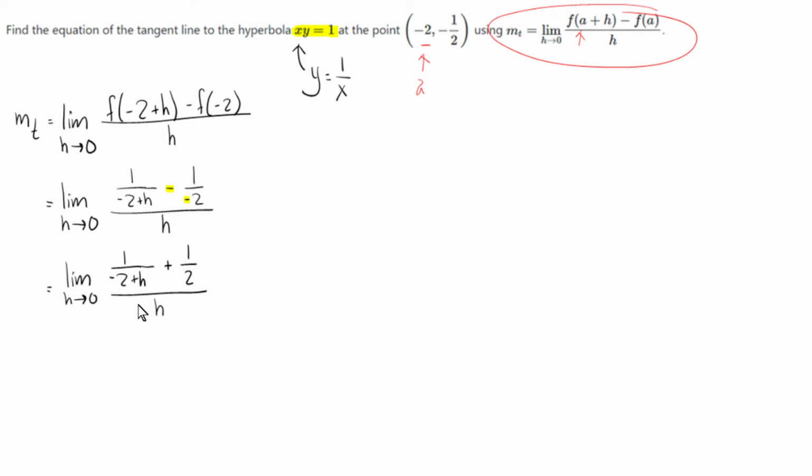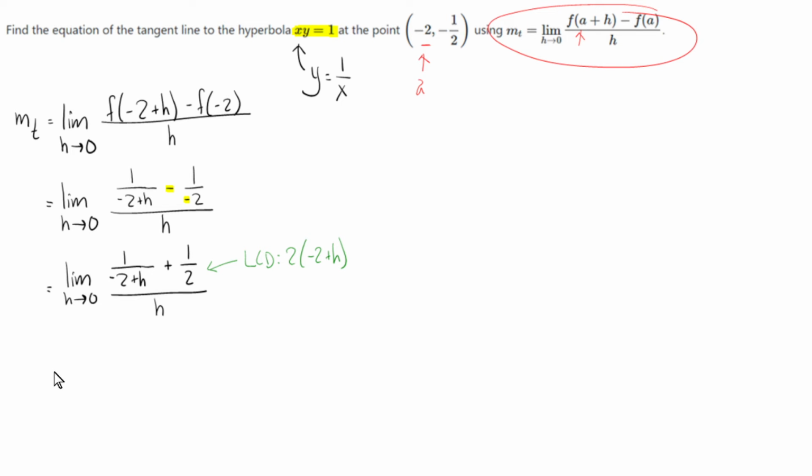Now in the numerator, we want to put the two quotients on a common division line. So we need the lowest common denominator. Here our lowest common denominator is going to be 2 times -2 plus h.